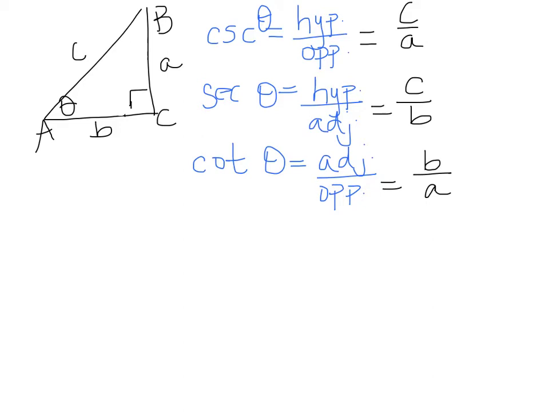Now, anytime you have to evaluate trig functions, sometimes you are not going to have all 3 sides. But because this is a right triangle, we can find the missing side by using Pythagorean theorem.